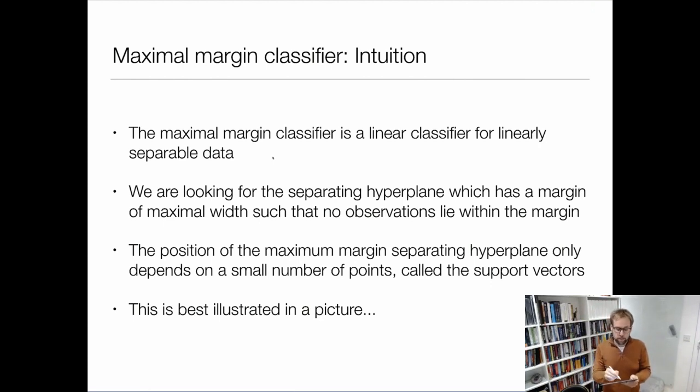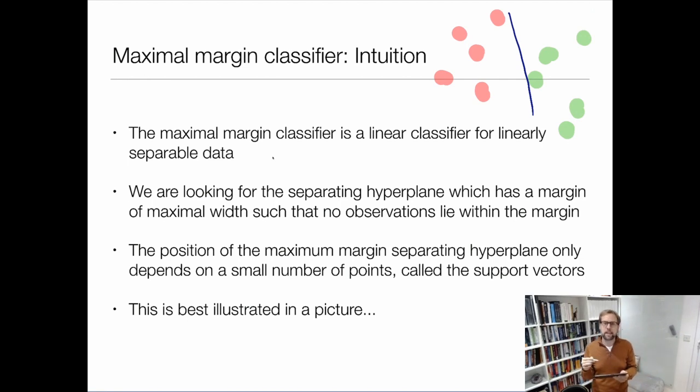both classes. For example, if I had one type of class here, and I have another type of class here, then obviously this one here is very close to the data point. This might not have been a good one, whereas this one here is also very close to the data points.